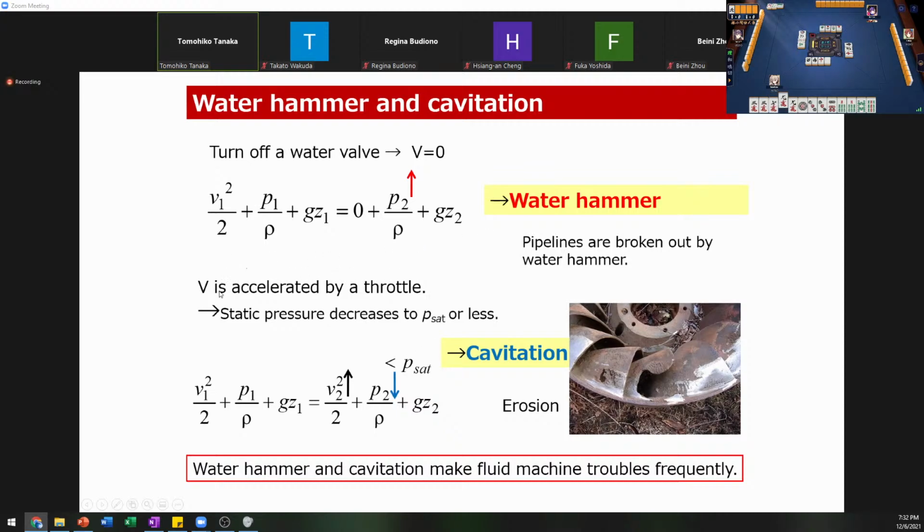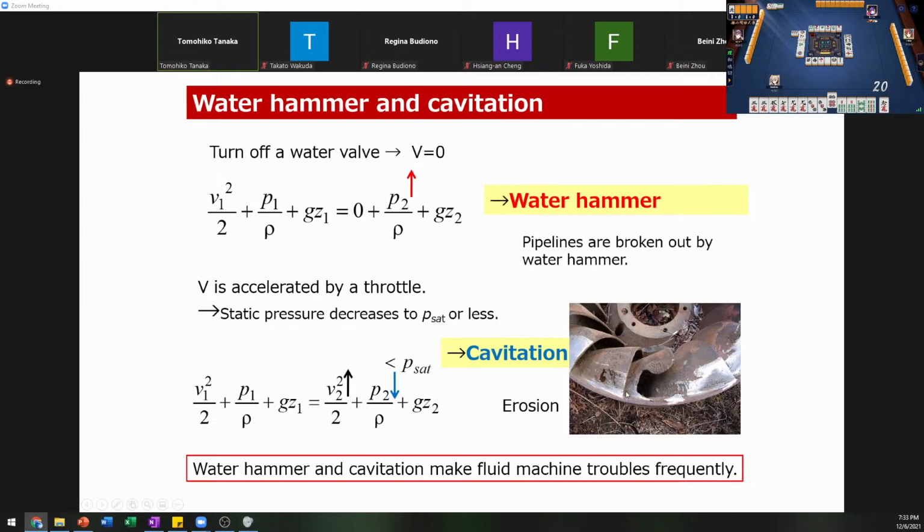And also for cavitation, sometimes velocity is accelerated by a throttle, and the static pressure decreases to the saturation pressure or less. So water evaporates, causing cavitation. In the equations, when the velocity goes up, pressure goes down, and when the pressure is less than the saturation pressure, cavitation happens.